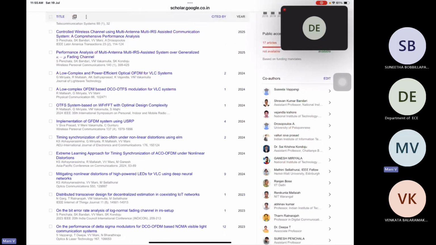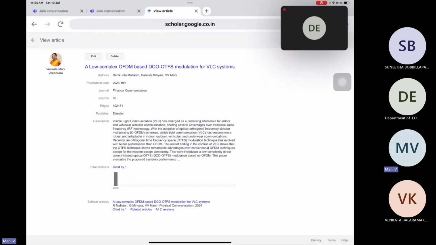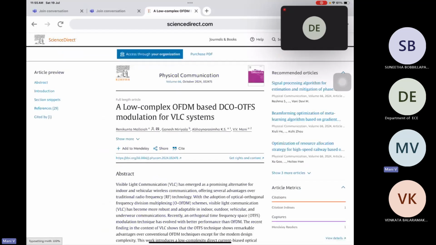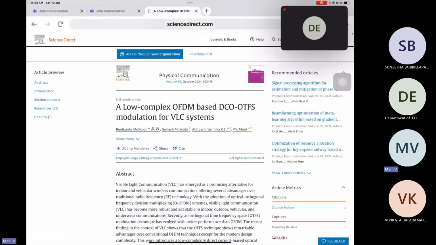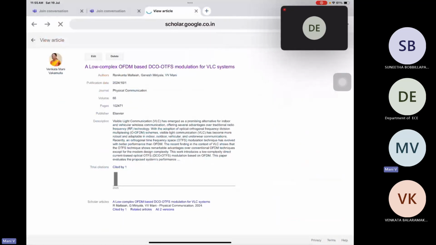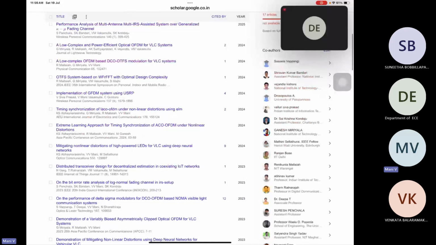So, a low complexity WFRFT-based PCO-OTFS modulation for visible light communication system. This is one of the papers we are working on, and we also did real communication.